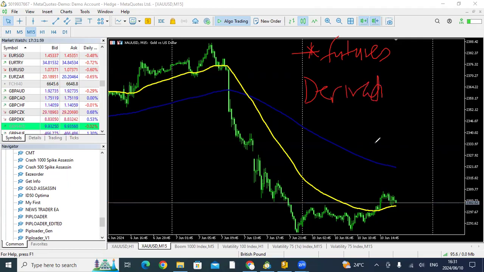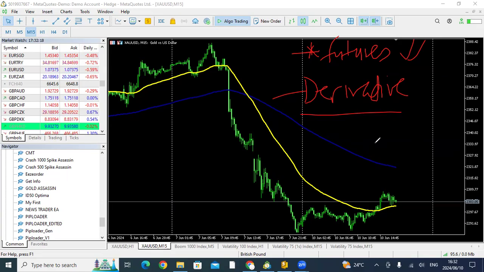With derivatives, you are trading an asset, but what you're simply doing is buying an asset at a future time. Futures, hence the word. So you're entering into a contract today to say, I'm going to buy a certain number of ounces of gold in 10 years at this price.